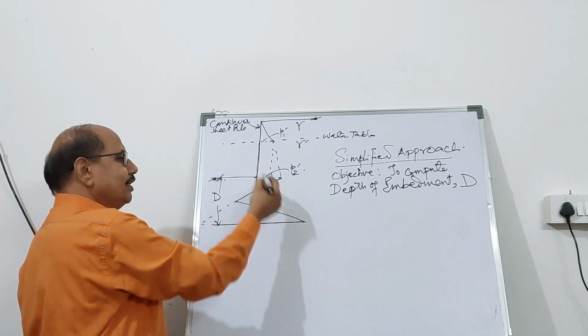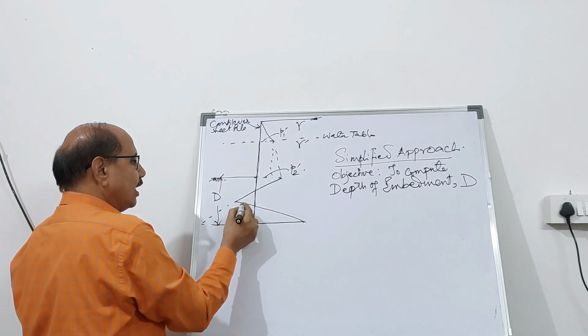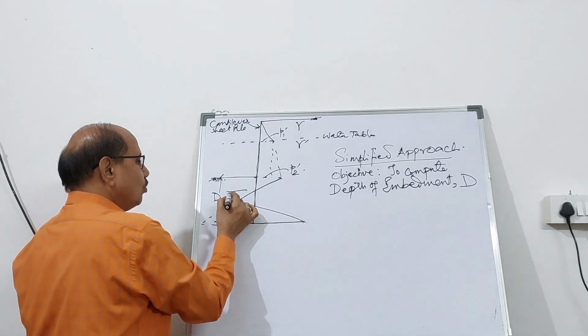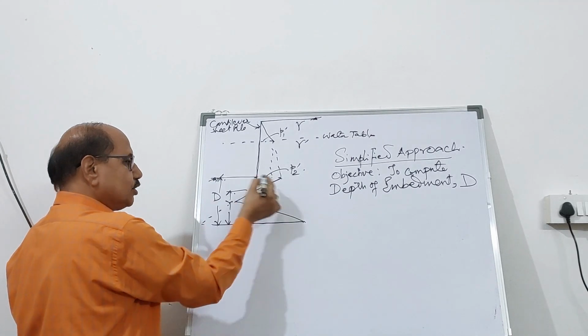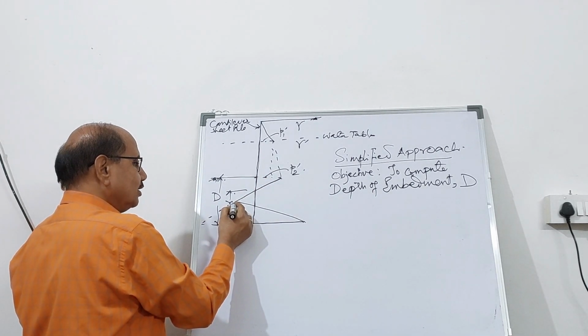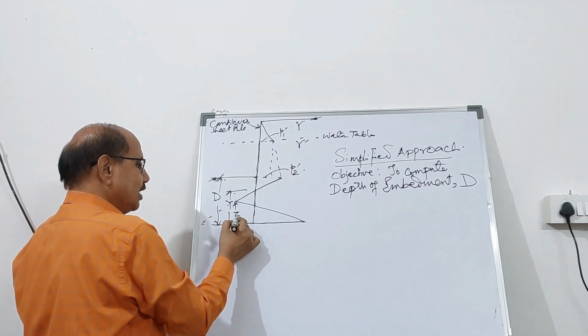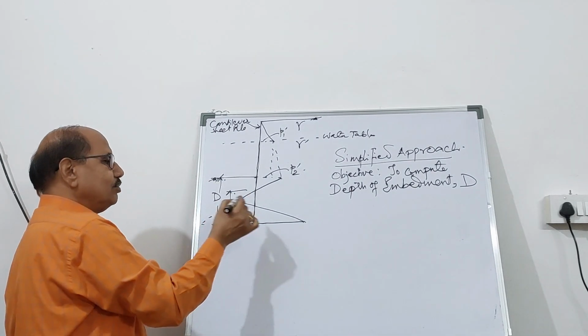The rigorous approach is quite involved. You need to find this value Y. I have already explained all those things. This is going to be Z and all those things.